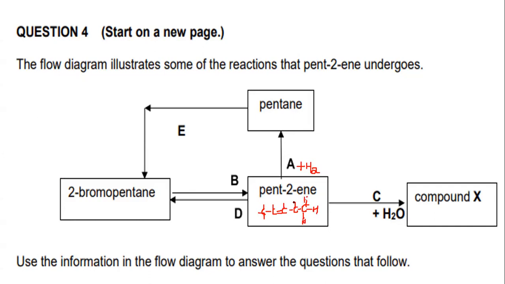So for A, each carbon here has 4 bonds. So they are showing that it forms pentane, which is 1, 2, 3, 4, 5. Then hydrogens to make sure that each carbon has 4 bonds.